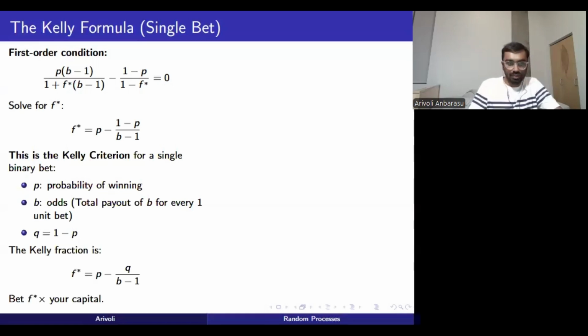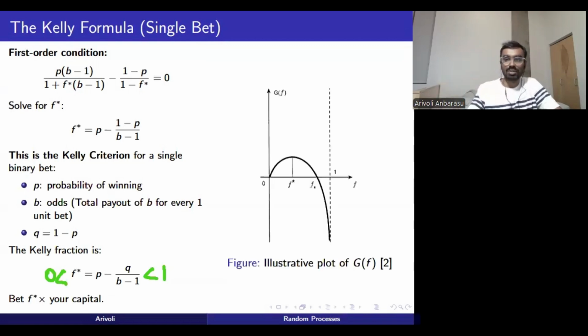If the fraction is between 0 and 1, and if we obey the fraction, then according to the strong law, we can ensure that we get infinite wealth if we wait for a very long time. The graph shows the behavior of the growth rate as a function of f. We can see the growth rate increases till the maxima and then monotonically decreases after the maxima.